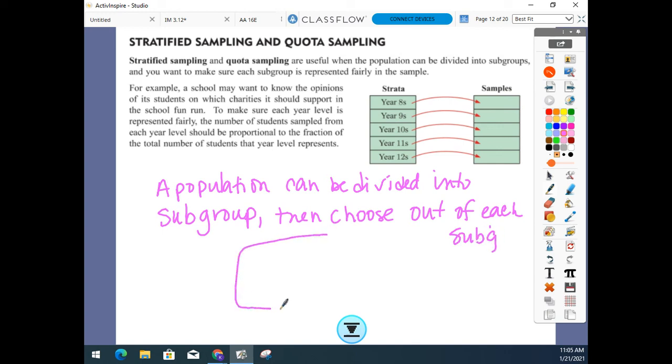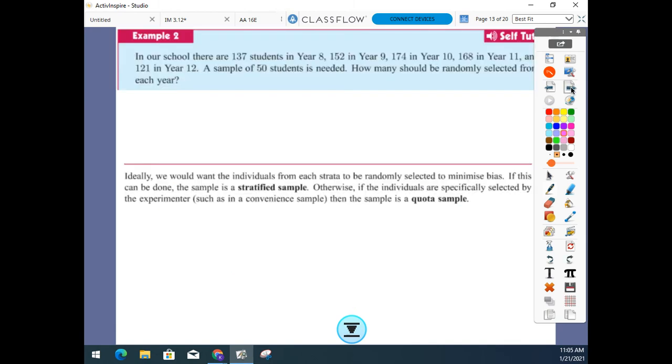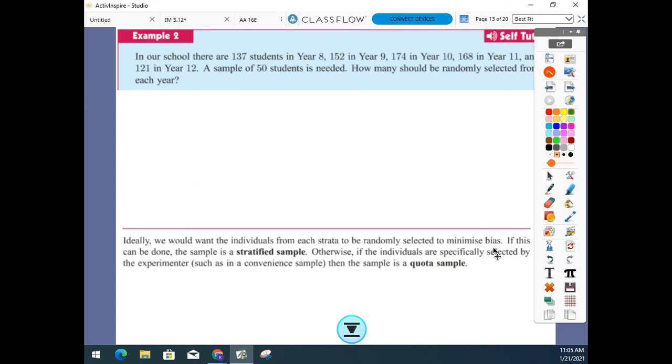So you have a population, you have 4 subgroups, you pick 1 out of each one to create your sample.